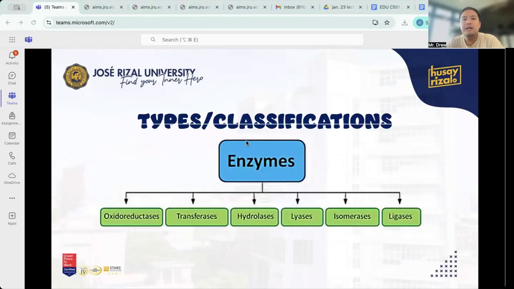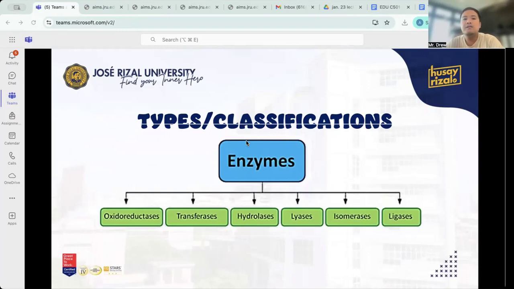So we have types or classifications of enzymes based on the type of reaction they catalyze. For example, oxidoreductases for oxidation-reduction reactions, transferases for transferring functional groups, hydrolases for breaking bonds using water, lyases, isomerases, and ligases, each with their own roles.